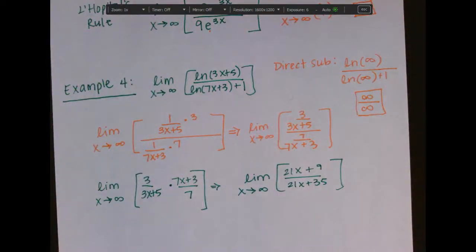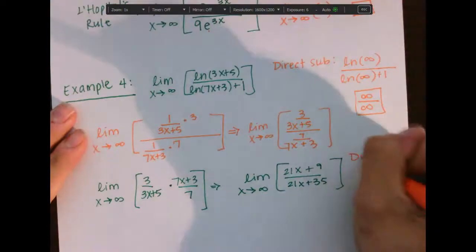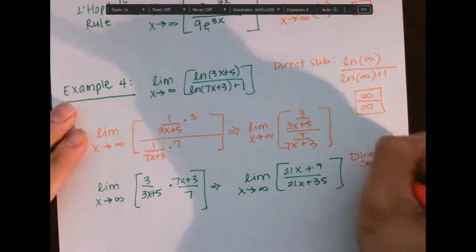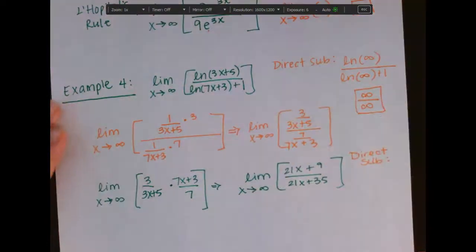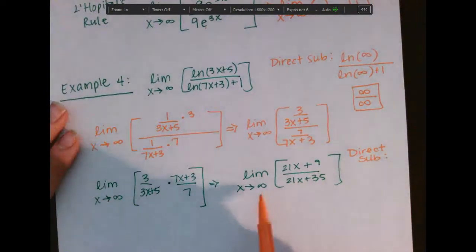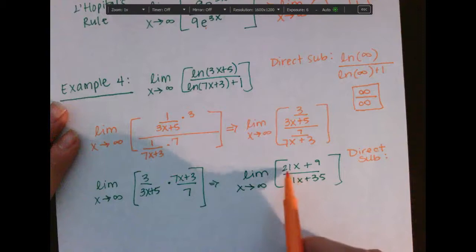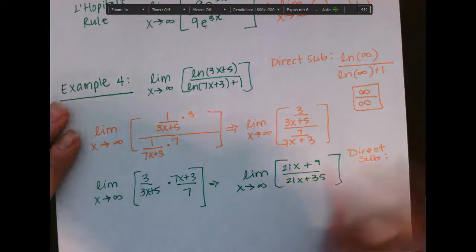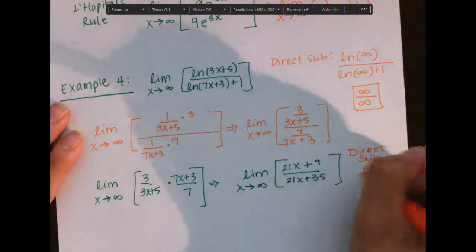Let's use direct substitution now that we've cleaned it up. Okay, so we're plugging infinity into this function, or we're evaluating it as x approaches infinity. So on the top, 21 times infinity plus 9 is still infinity.